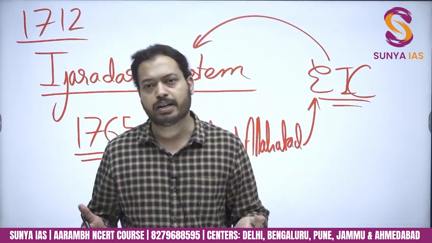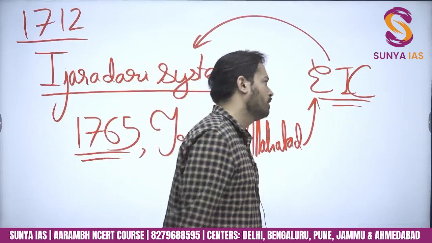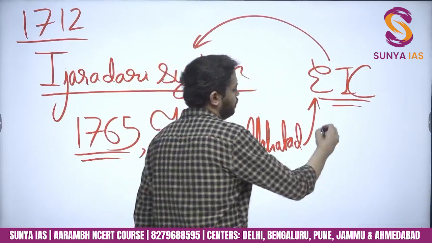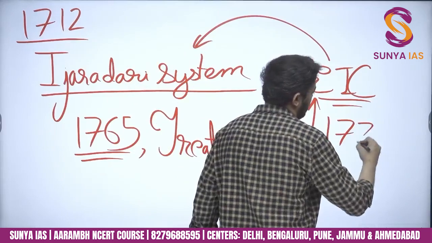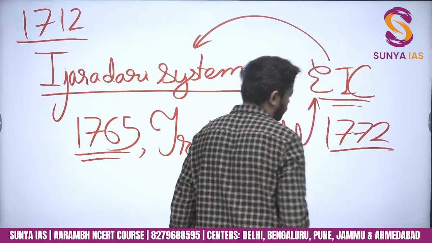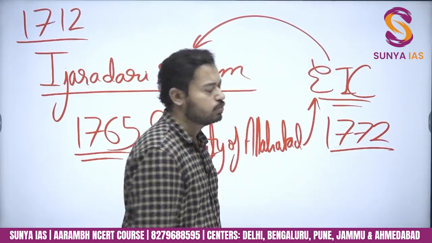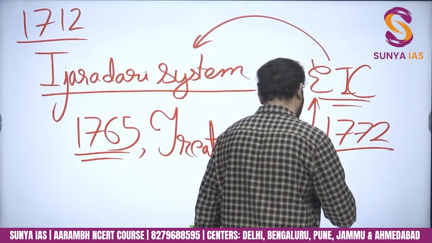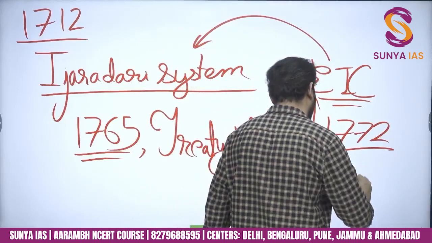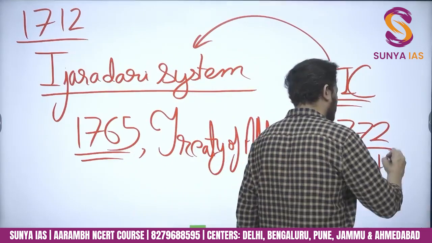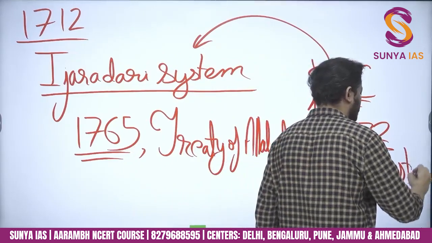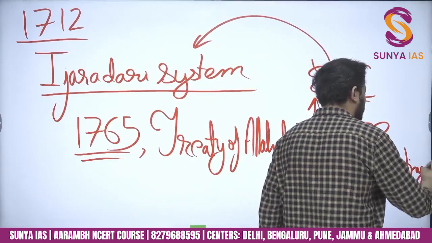So both sides were finding it difficult, and therefore in 1772 a new governor general, Warren Hastings, was appointed.